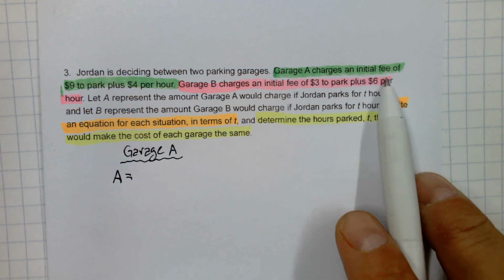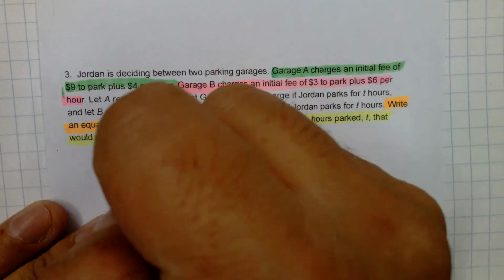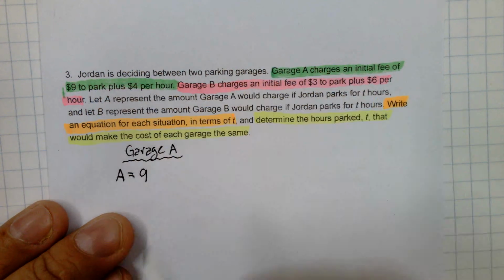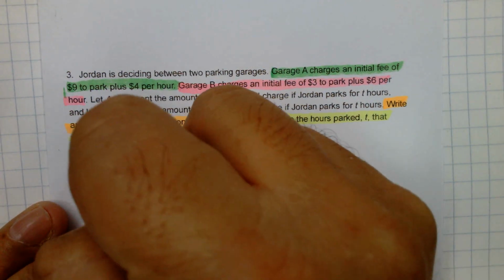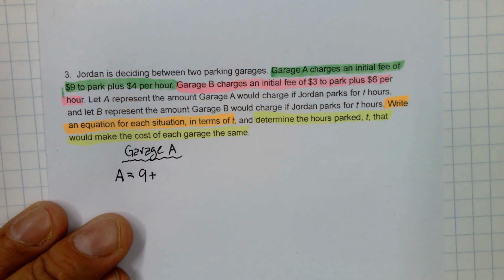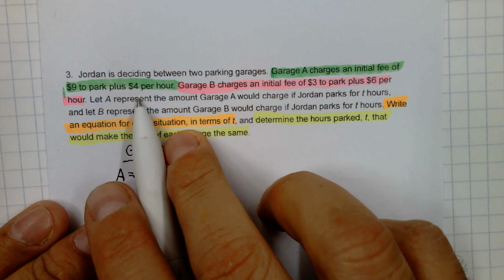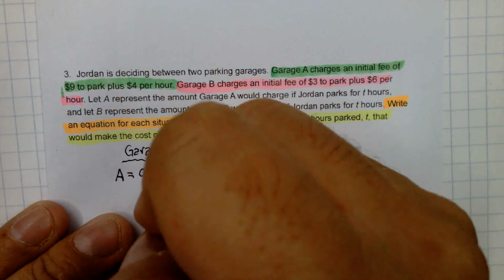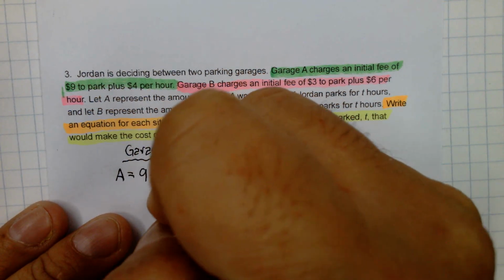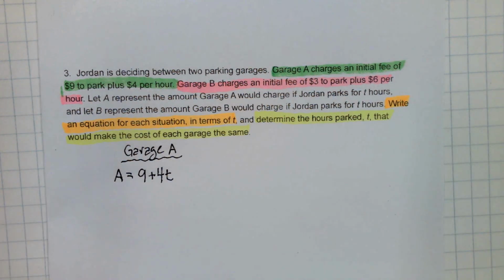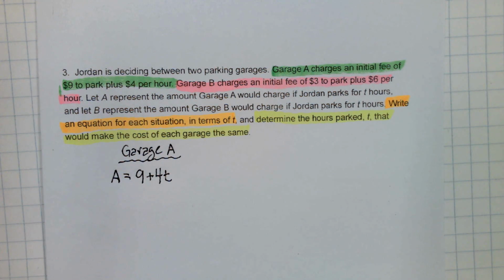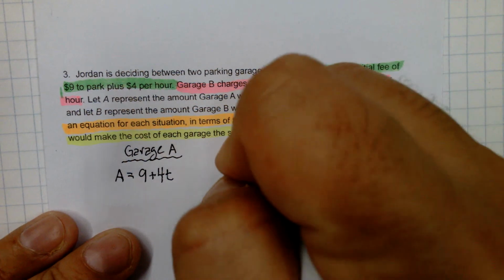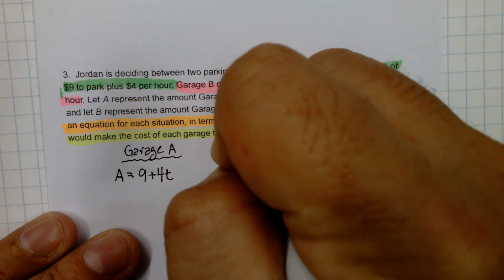Charges an initial fee of $9 to park plus, they're even telling you to do plus. How do we handle $4 per hour using the variable T for the time? 4T. There's our equation. A, the cost for parking there, is 9 plus 4T. Okay? It's going to be kind of the same for garage B, using the information they give us there.